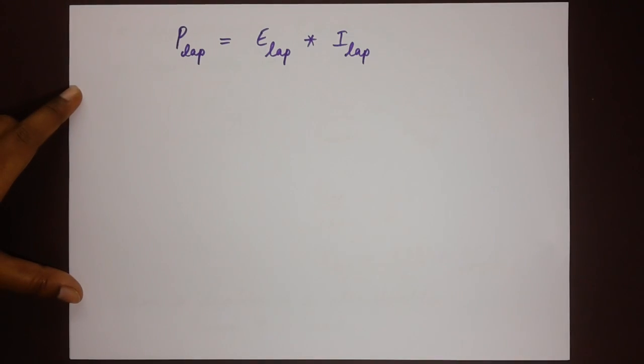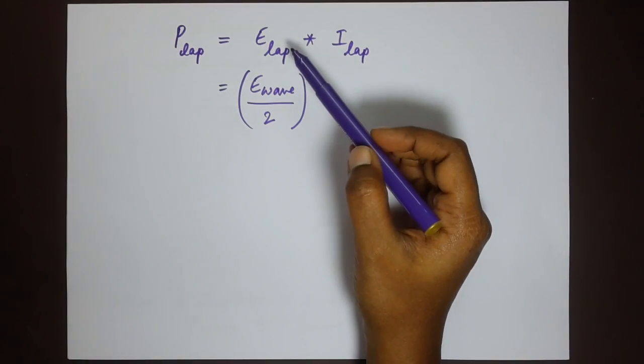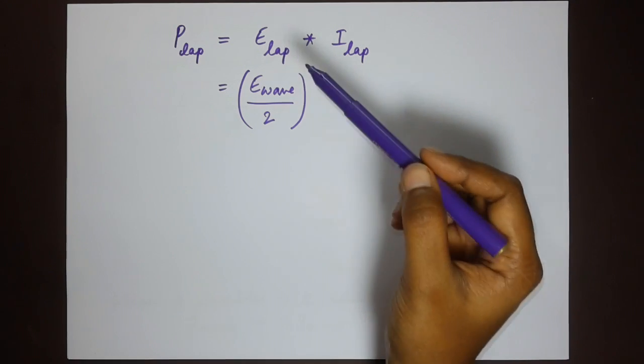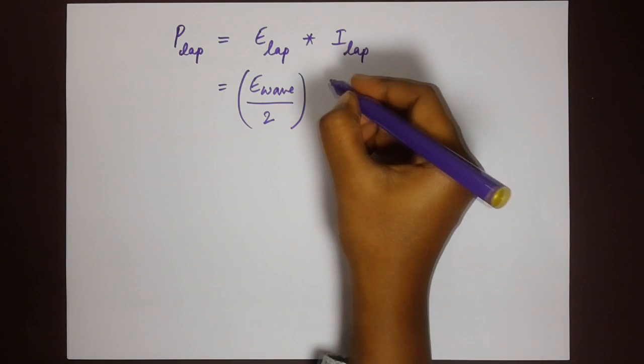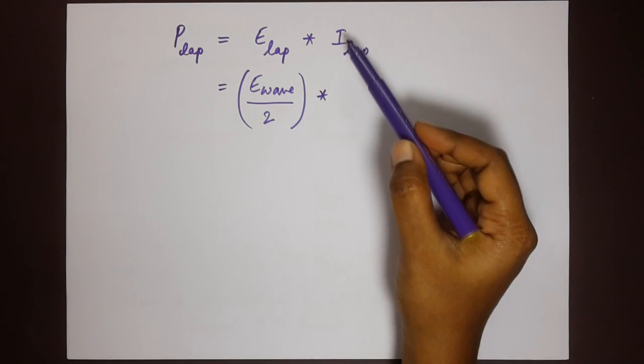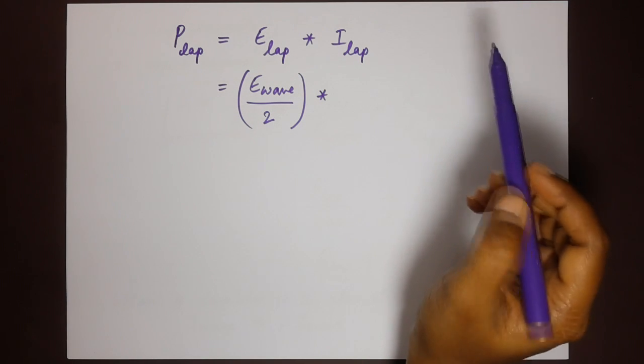This is the general equation of power equals voltage times current. The induced EMF of lap winding is the induced EMF of wave winding divided by 2, and the current of lap winding is twice the current of wave winding.